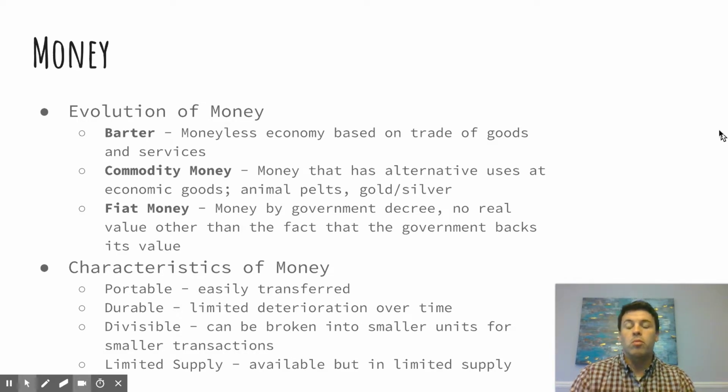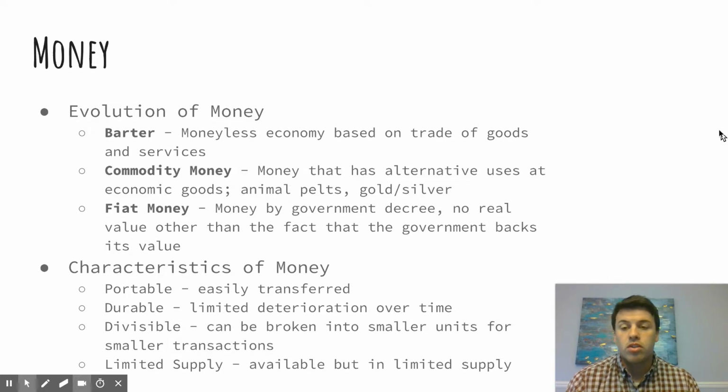Then we move to a period of commodity money where money starts to begin to exist, but we use items as an alternative. They have a use beyond them being money. So they have an actual intrinsic value beyond them being defined as money. We've seen this definitely in gold and silver and other precious metals for sure, but also seen some primitive economies that are based on things like animal pelts and the fur trade.